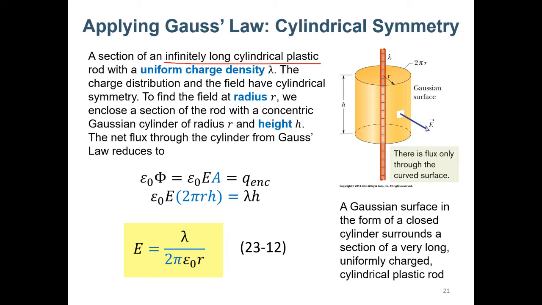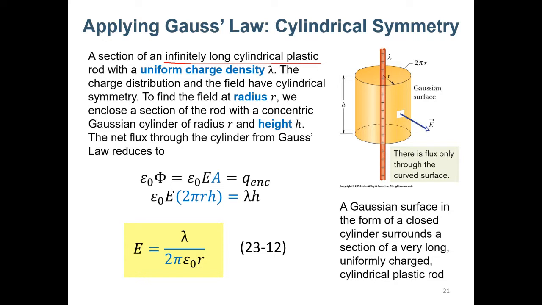Just now, a student asked me a question: what is the difference between the conductor and the insulator? For a conductor, the charge should always be on the surface, no matter if it's positive or negative.